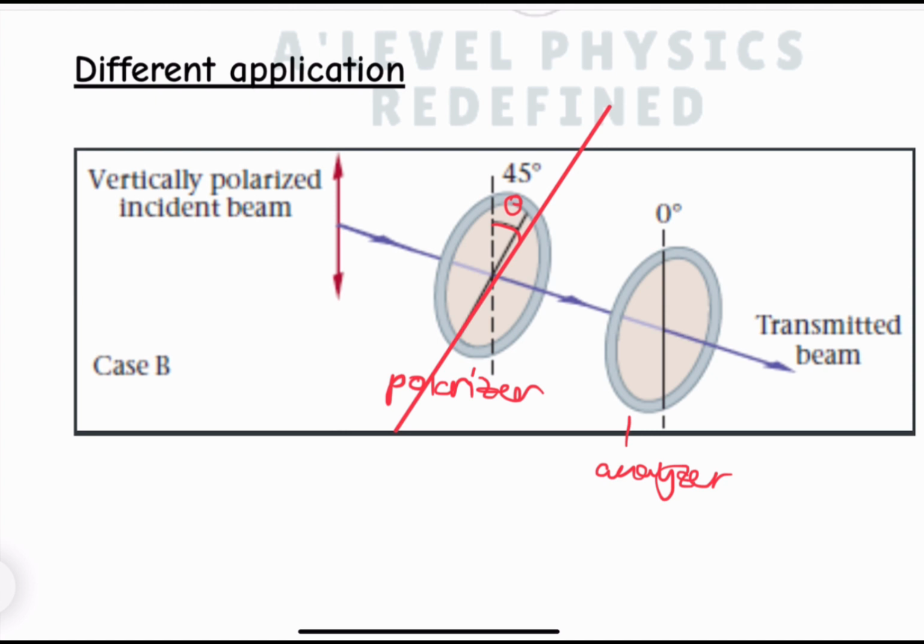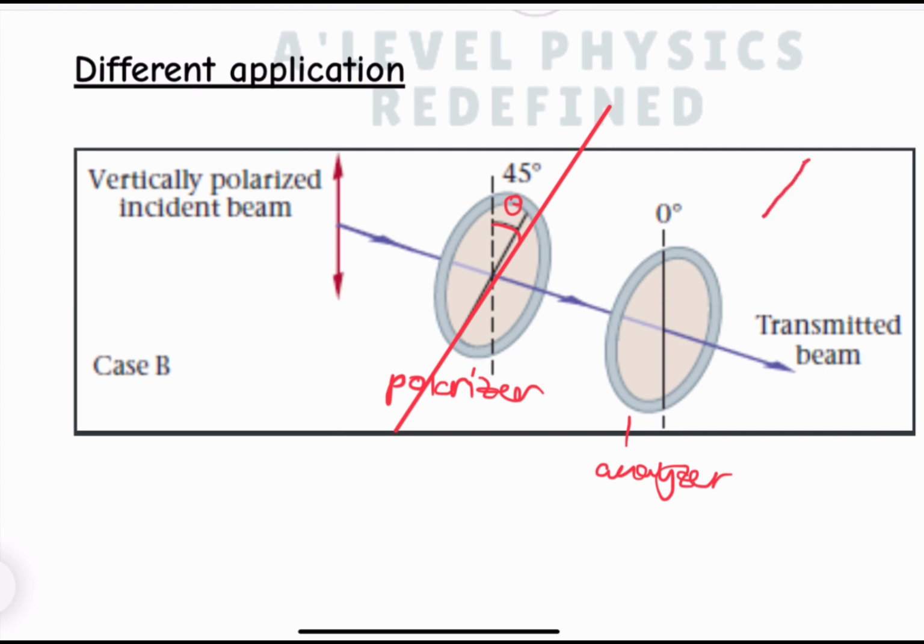And I've been asked to find the intensity that comes out. Look at this. This analyzer is actually at 0 degrees. So maybe let's say the light coming out is vertically polarized. We have light coming in, but we've been told that this angle theta is 0 degrees. So how do we find out how these questions work?